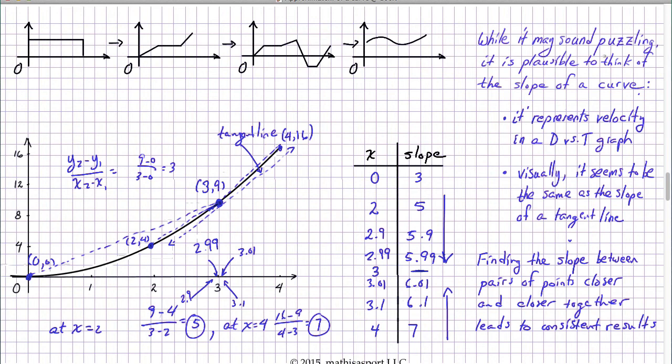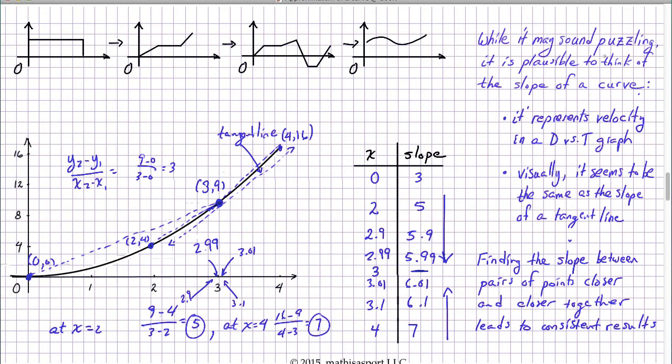So initially it does seem a little bit puzzling to talk about the slope of a curve because there are no straight lines. But we argued first that in a d versus t graph, the slope would represent the velocity, and it's obvious in the real world that if you're driving a car along a path that gives you a particular d versus t curve, you must be going at some velocity at every point.